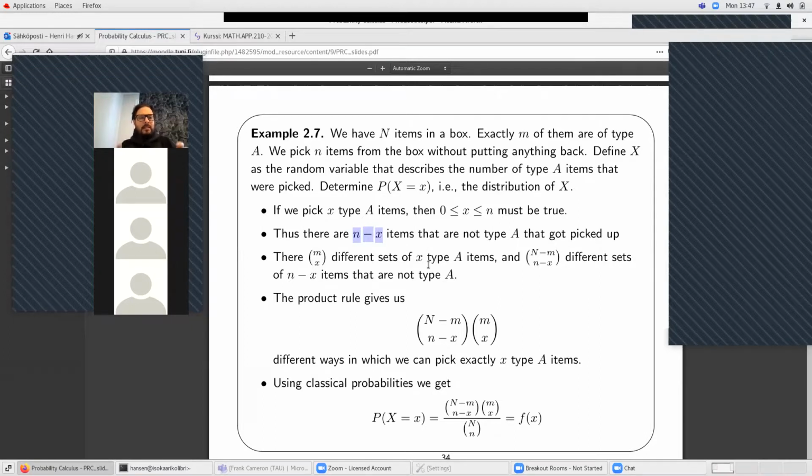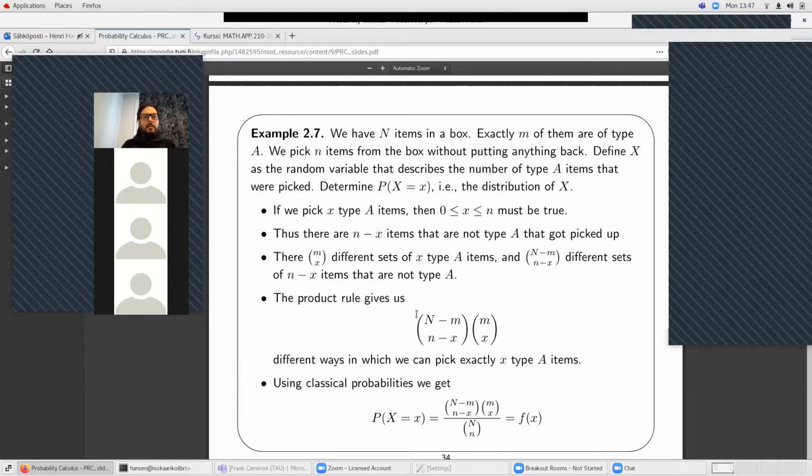Let's say that we pick those apples and oranges separately, and we're picking X oranges out of M different possibilities. So that's M choose X. That's how many different combinations of particular oranges there are that we could have picked when we picked X of them.